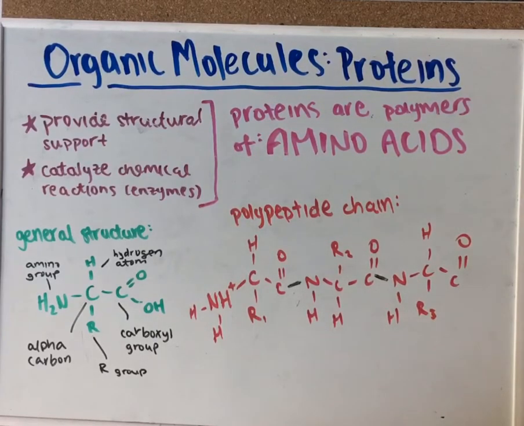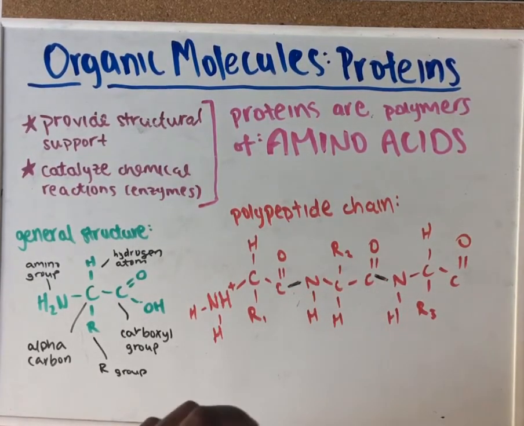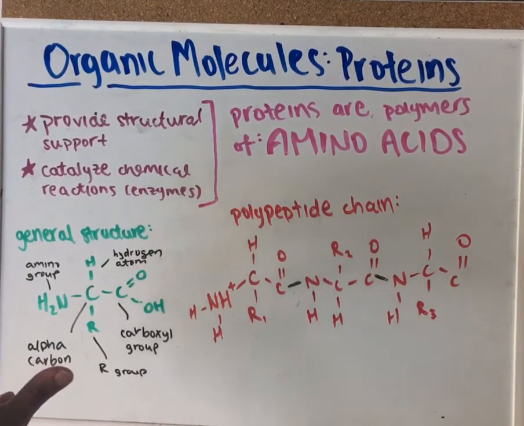And when amino acids are combined, when they're linked to each other, they make long chains called polypeptide chains. So to do this, we have each amino acid, which has covalent bonds.